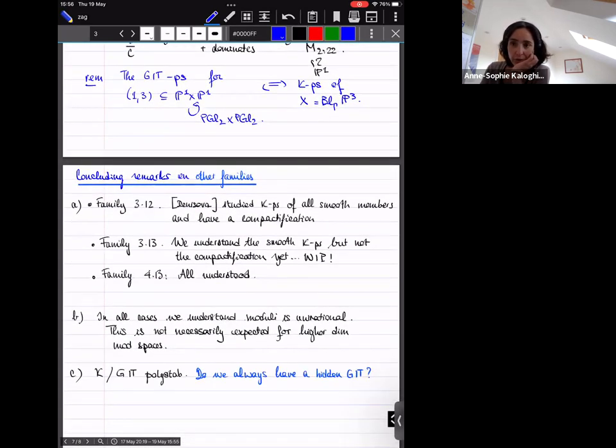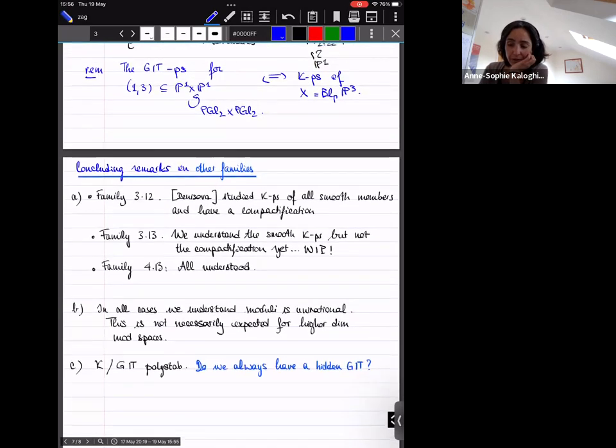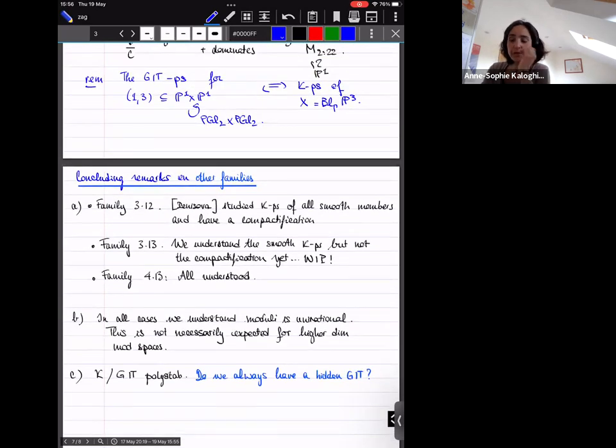So let me just conclude by giving a few remarks on the other families. Family 312 is pretty much a similar description. Elena Denisova, who's a student of Ivan Cheltsov at Edinburgh, has studied the K-polystability of all smooth members.